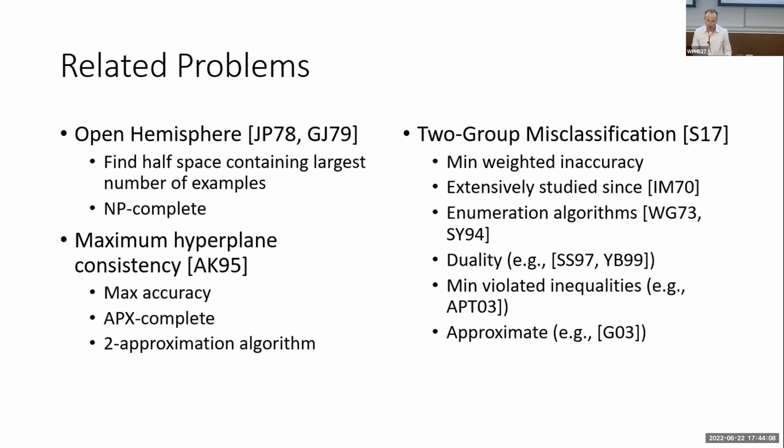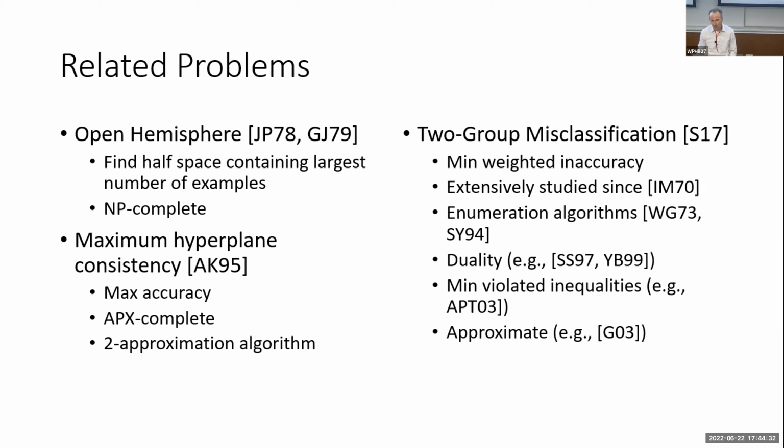So, related problems: starting from the grandfather of classification problems, like the open hemisphere problem, then followed by the maximum hyperplane consistency problem, where folks have tried to maximize the accuracy. And then another problem, which is maybe the closest to this one, is the two-group misclassification problem.